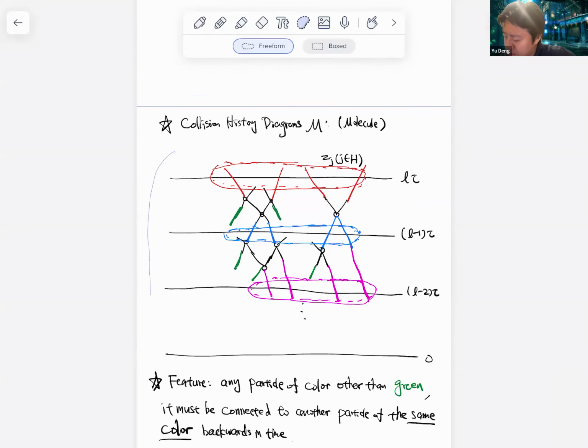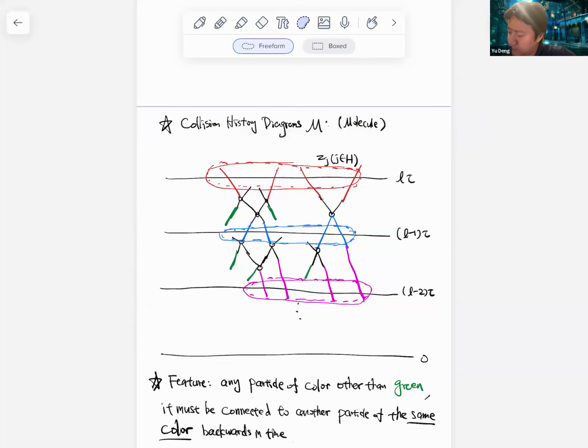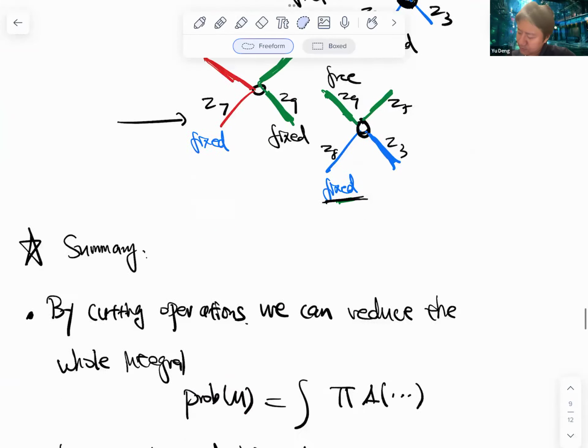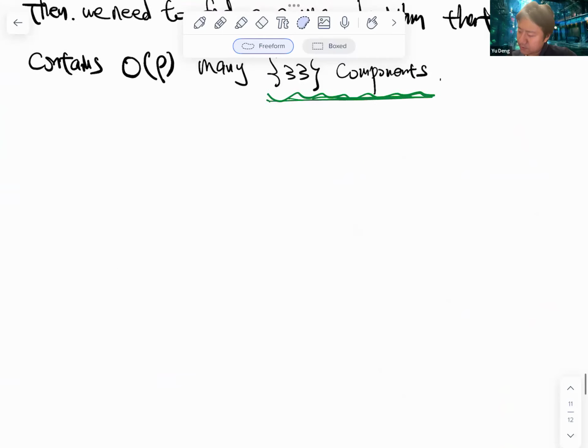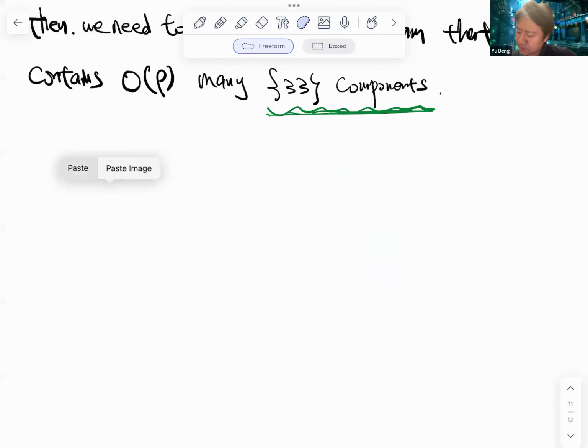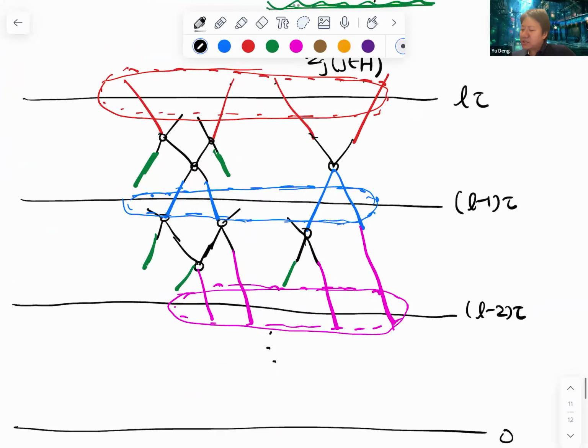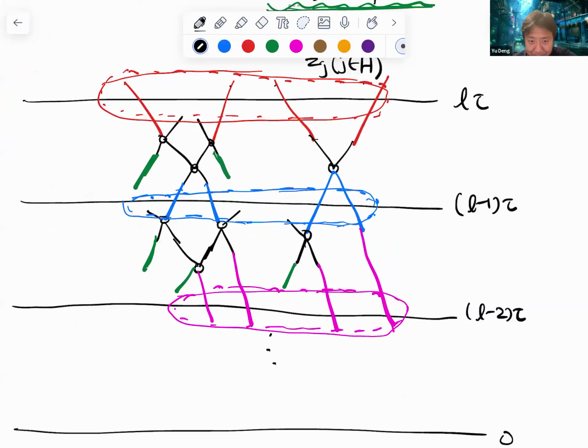So let's copy this again. Okay, so we have this multi-layer picture.